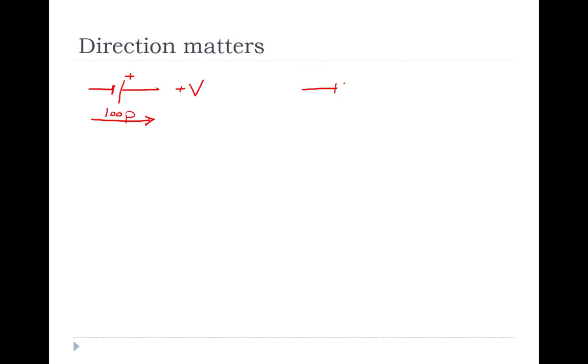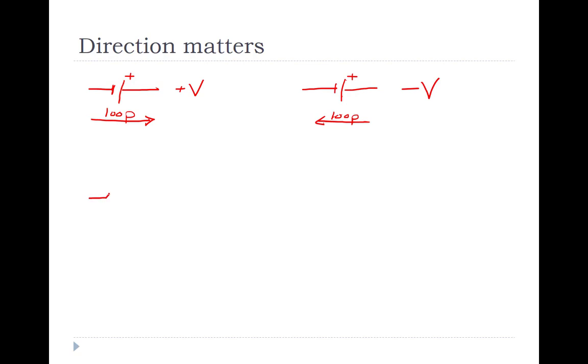Contrast that with if you have the battery facing the same direction, so positive is still on the right, but the loop goes the other direction, then this battery contributes a negative voltage to your loop equation.